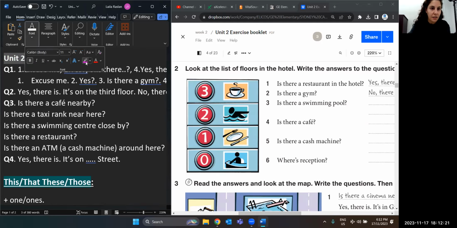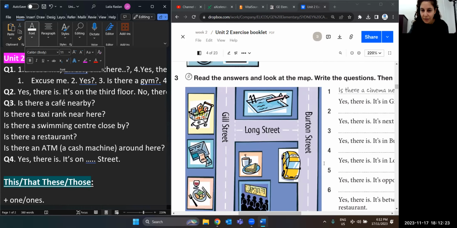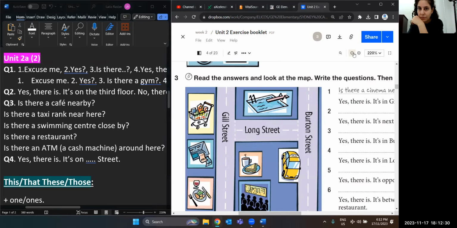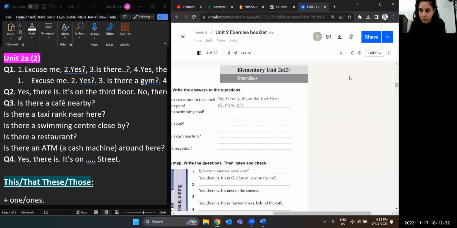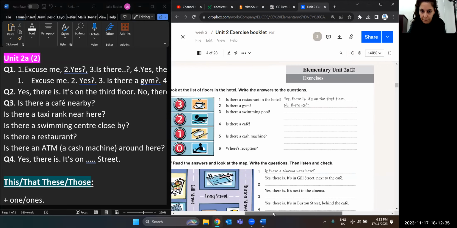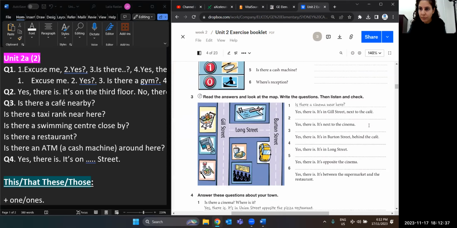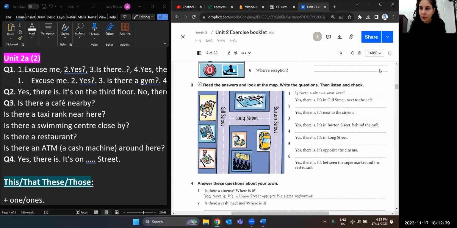Okay, so number 3, we've got a map. Is there a cinema near here? Yes, there is. It's in Gill Street next to the cafe. Now we can ask a question where the answer is yes, there is, it's next to the cinema.